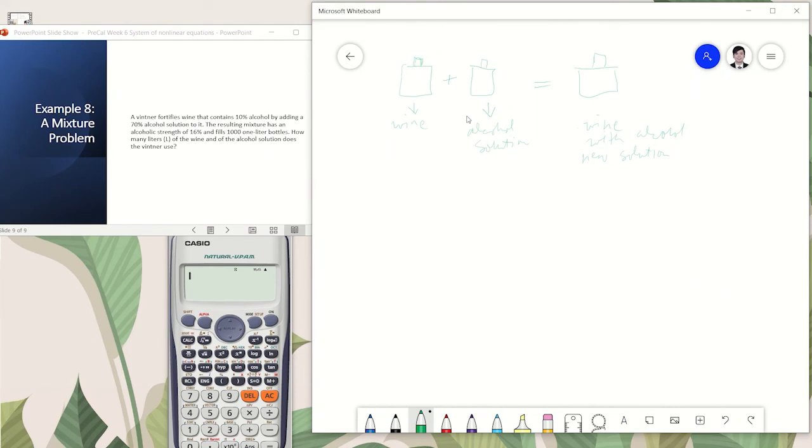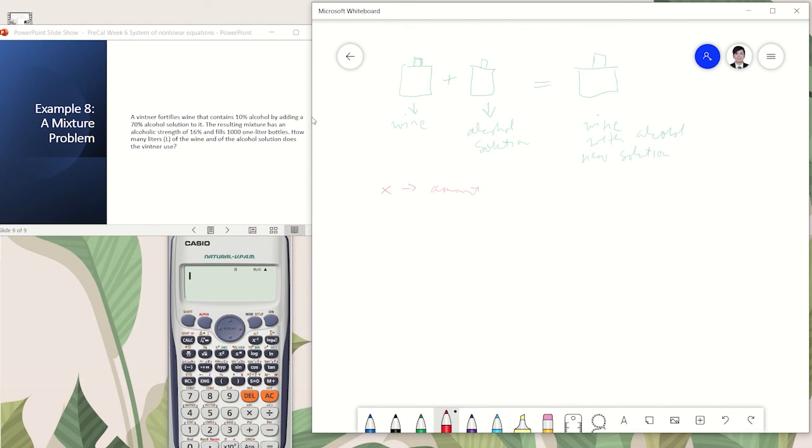So that's how things work here. What is asked from us is how many liters of wine and the alcoholic solution the vintner uses, considering the result. So we'll represent the missing X as our amount of wine used.